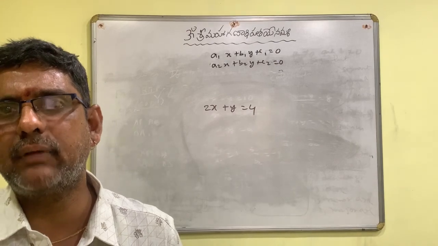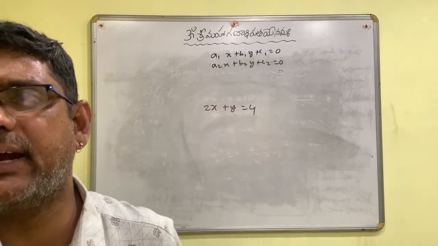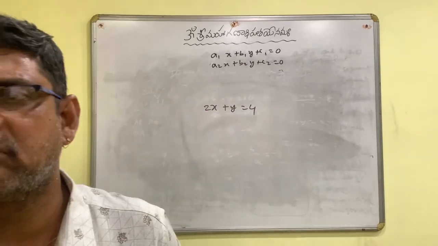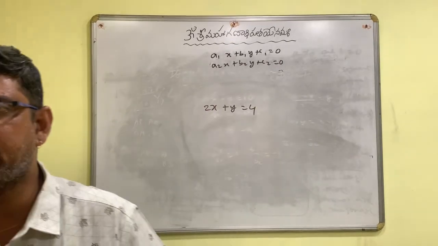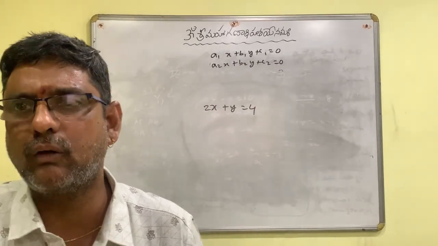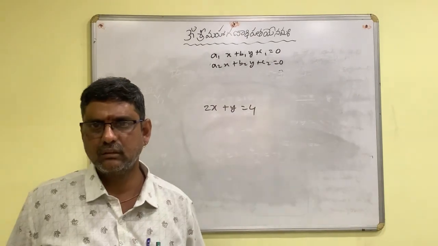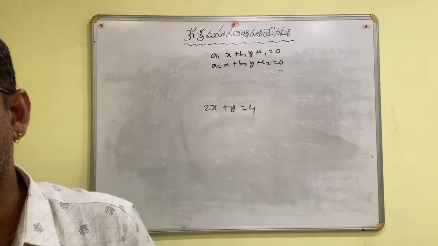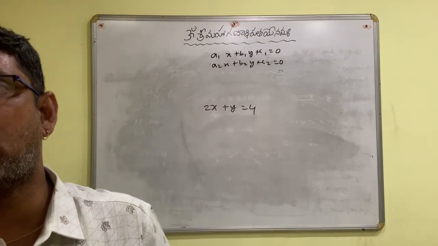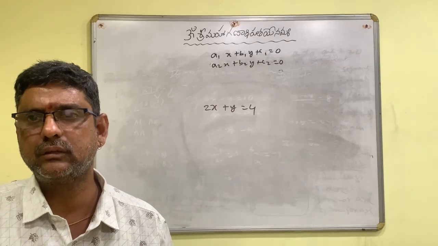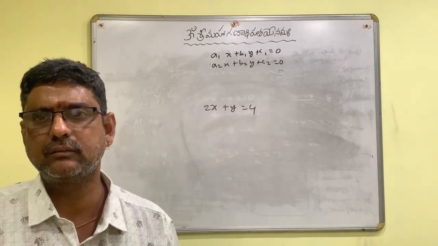So 1 by 3, 1 by 3, 1 by 3. How are they independent? They are coincident lines. Manoj, 2 by 6, 1 by 3, 1 by 3, 4 by 12, 1 by 3. Sanvi, you got 1 by 2, 1 by 2, 1 by 2. Sanvi, Manoj, both are wrong. Venkatesh right. Namrata wrong. Unisha wrong. Akanksha right.